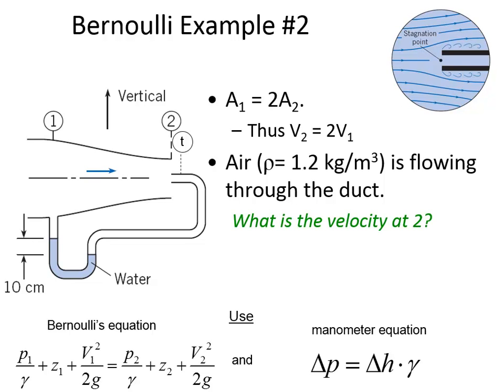Well, we can also go between 1 and what's inside of the tube. So we can simplify this. By the way, since they're all at the same vertical elevation, I can cancel out the z terms, right? Since it's on the same horizontal plane, I'll cancel out the z's.